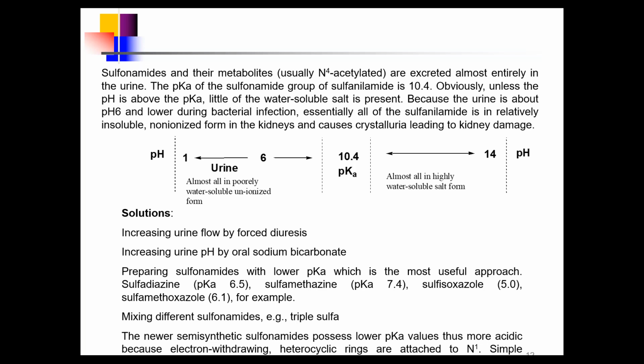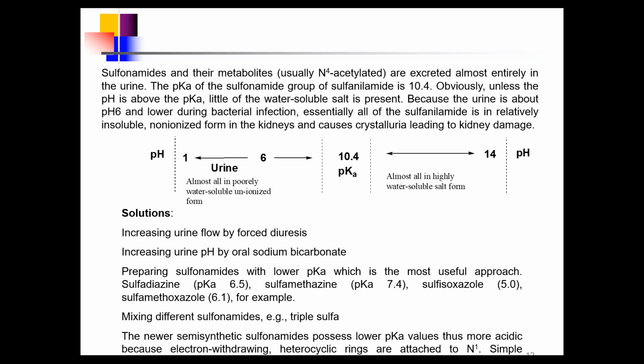In that case, also you need to ensure that crystalluria formation in the kidneys is not happening. The crystals of sulfur are not getting formed and deposited in the kidneys, which you can do by maintaining the pH of the urine at an alkaline pH of 10.4 and above.